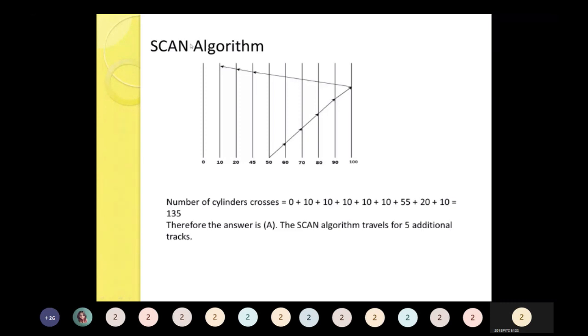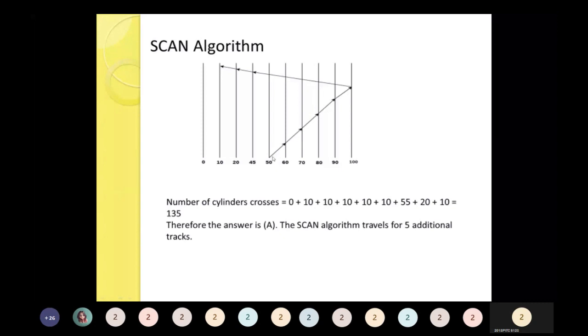Okay, scan algorithm. So here the starting position is 50. Am I right? 50. And it will move first in one direction.